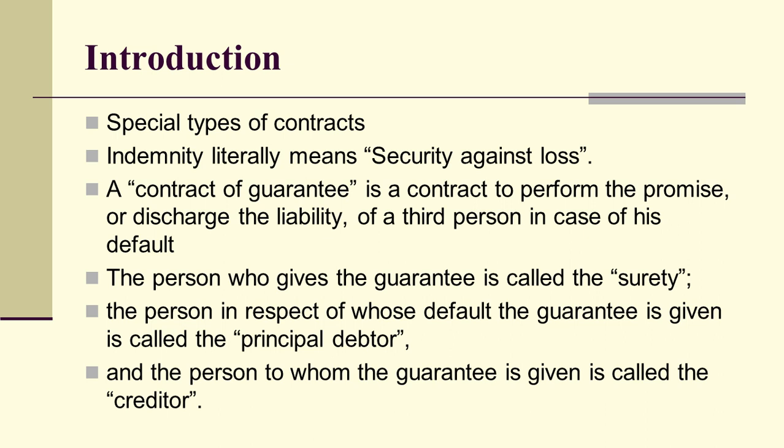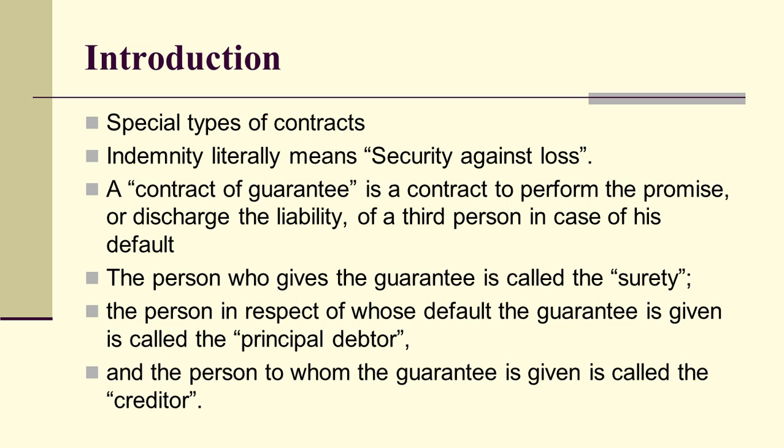The security of these losses is called indemnity. In a contract, when loss exists and these losses are secured by anything, the security of those losses is called the indemnity.